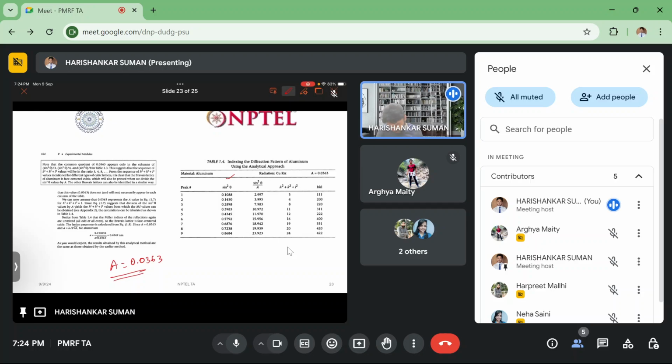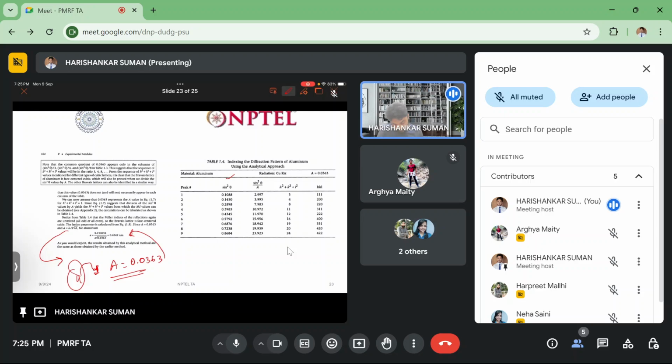According to the equation, we can also calculate small a by putting this in the formula.